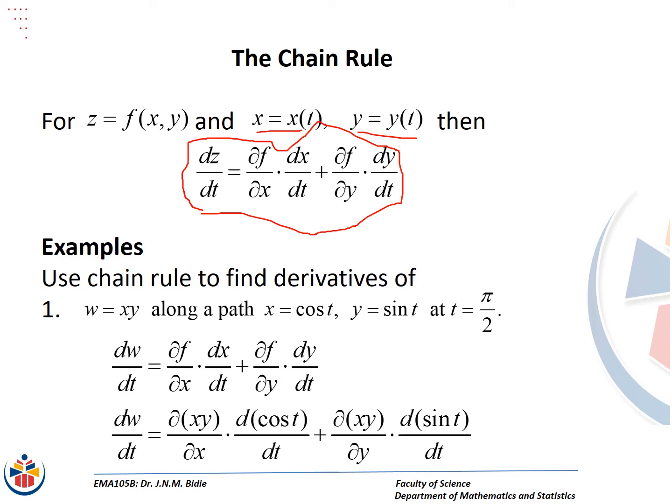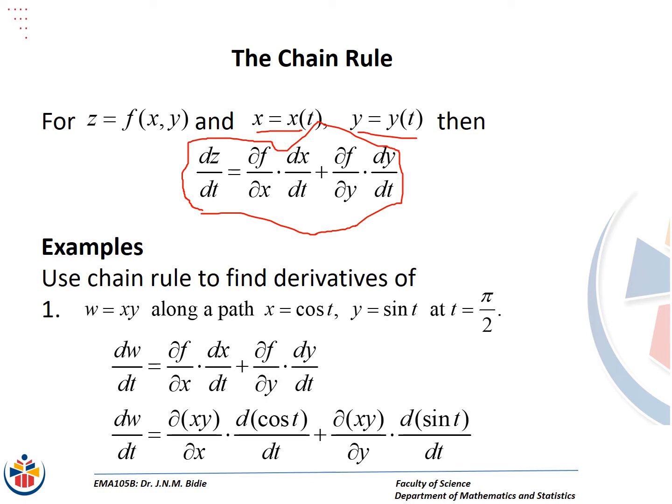Note it's partial differentiation multiplied by the derivative of x with respect to t. So if you differentiate f with respect to x, then that means x also must be differentiated with respect to t, plus df over dy multiplied by dy over dt.